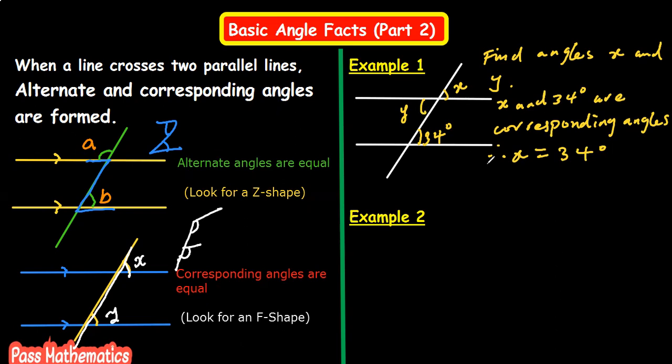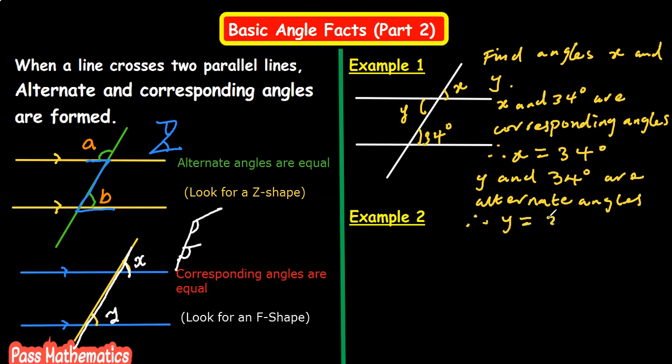And then when you look at angle Y and 34, angle Y and 34 are alternate angles. Therefore, we can say angle Y is also 34 degrees. You can see the letter Z and you can see the letter F here corresponding. So this is how to apply the rules.